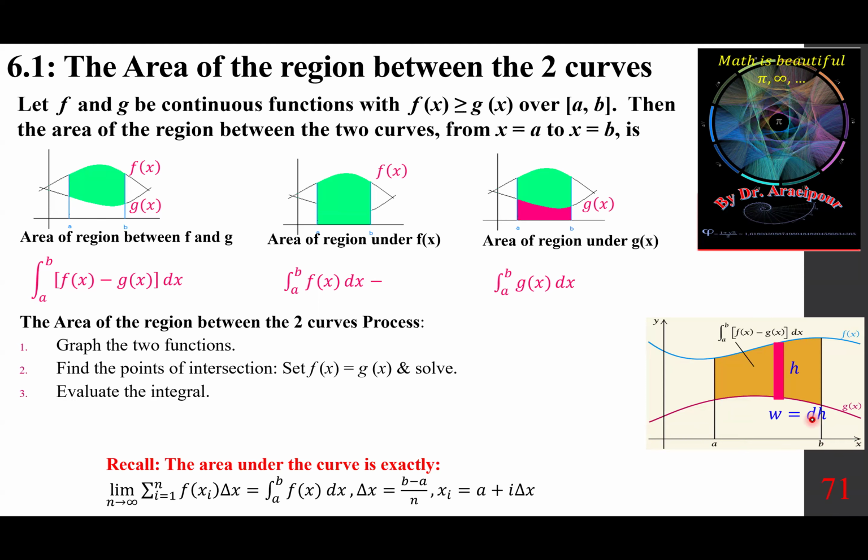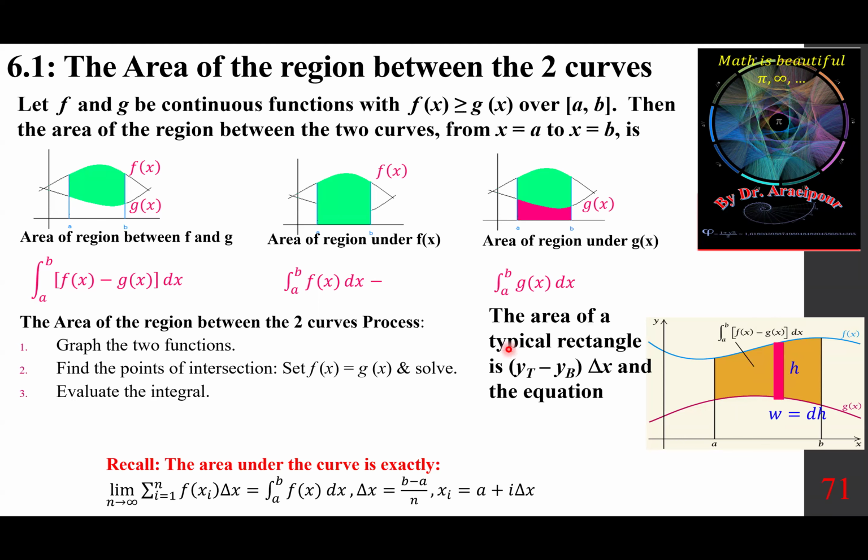Notice this one, and by the way, this width is extremely small. For all practical purposes, if you look at the thickness, the left side has a height, the right side has a height, and obviously they are not the same. But if the width is small enough, the left and right are almost identical in height.